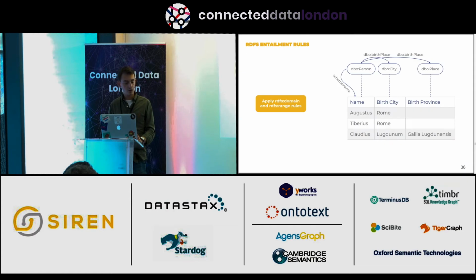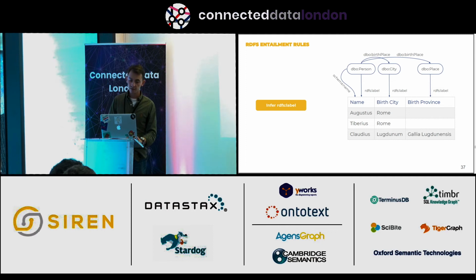We can also automatically compute RDFS label properties because it's important in the resulting RDF dataset to have a human representation of resources. So we can propose an RDFS label for each resource in our dataset. We can also saturate the RDF mapping.